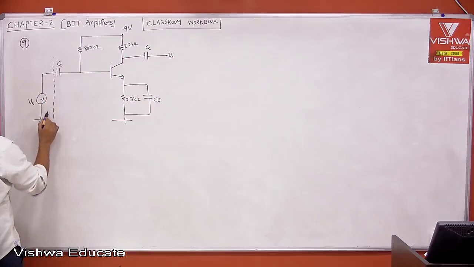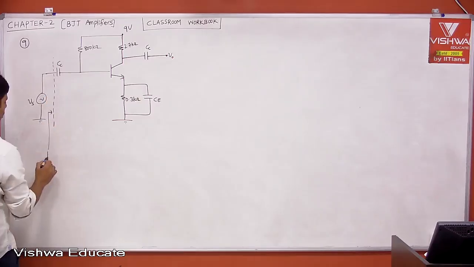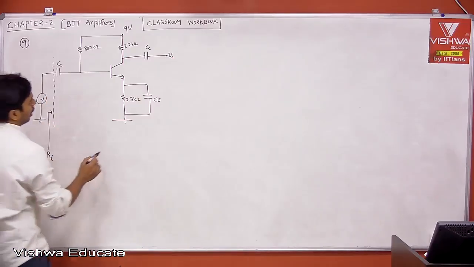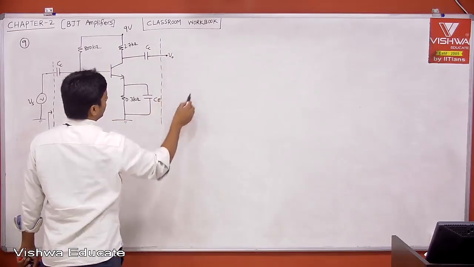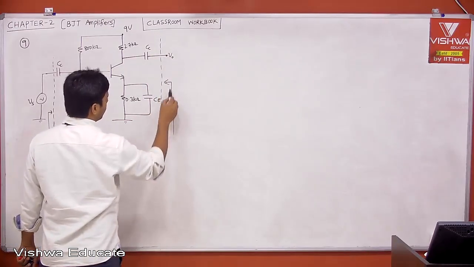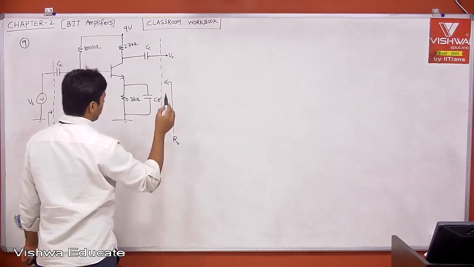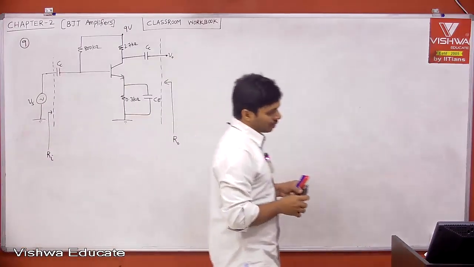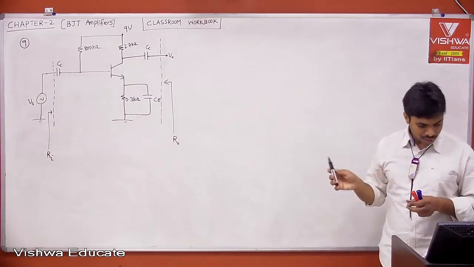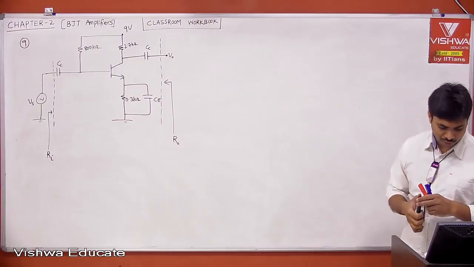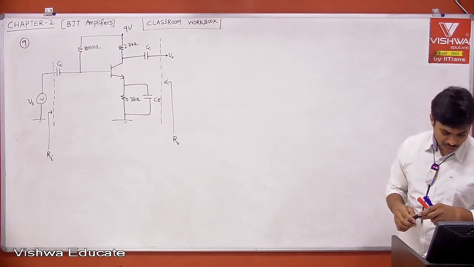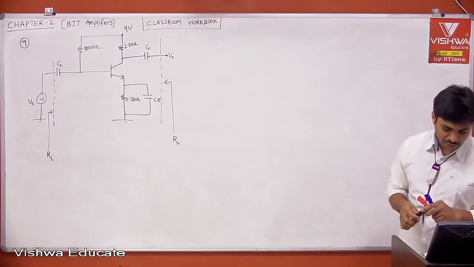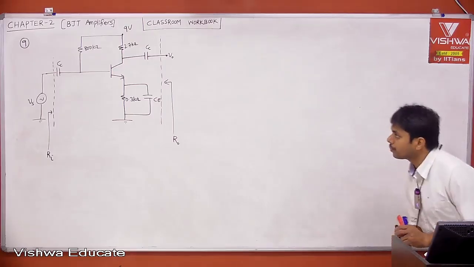This is our input impedance, and this is where you are going to connect the load actually. The actual load is this, and this is our R0. Okay, this is what is given. I didn't draw anything extra. This is what is given in the circuit. Okay, Ri and then R0.